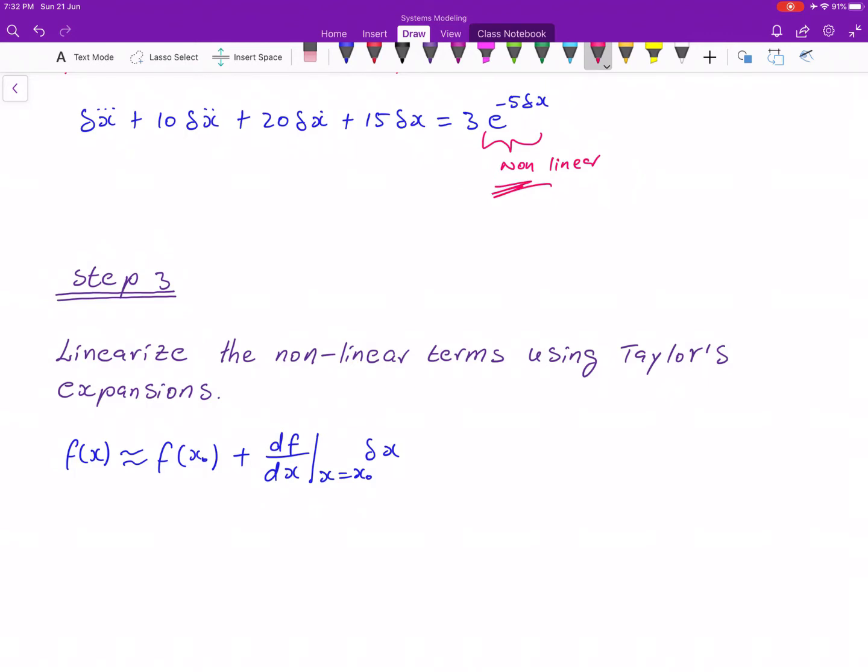We want to linearize the e to the minus 5x, which here is e to the minus 5 delta x.